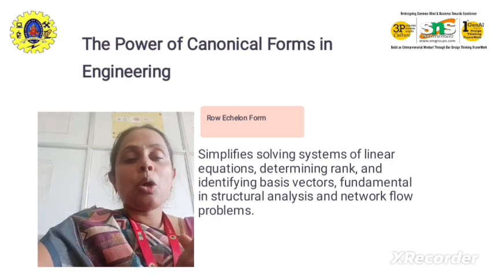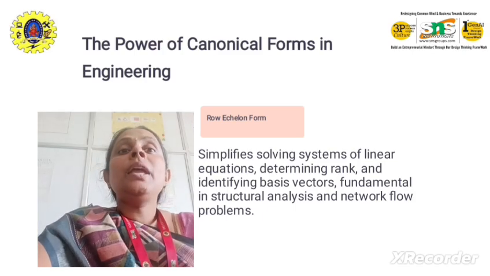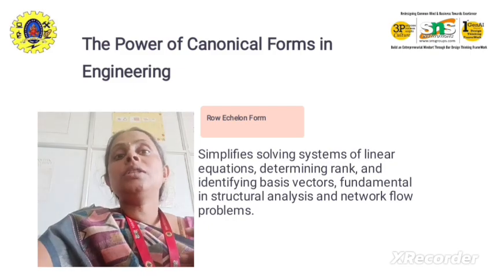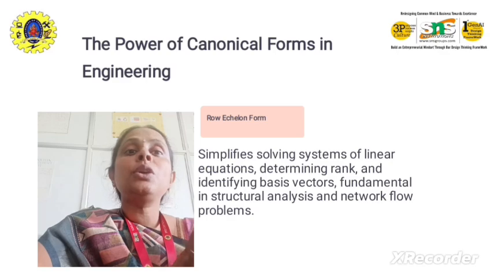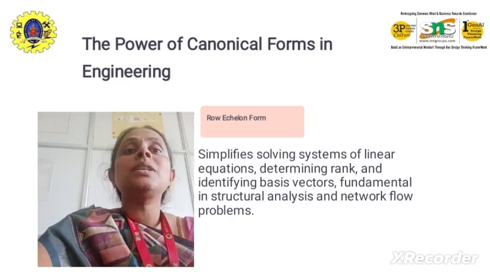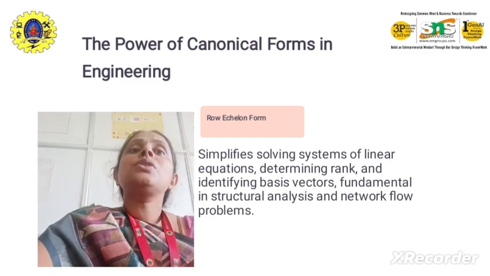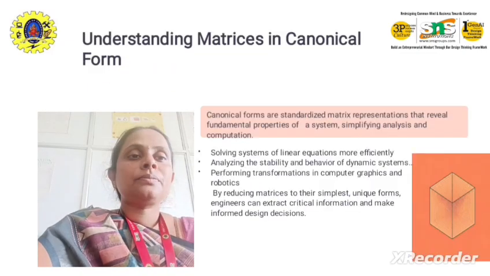Network flow problems are mainly used in numerical problems, which are useful for circuit branches. Students use them rapidly in network flow problems and also in circuits. So this is the power of canonical forms in engineering.